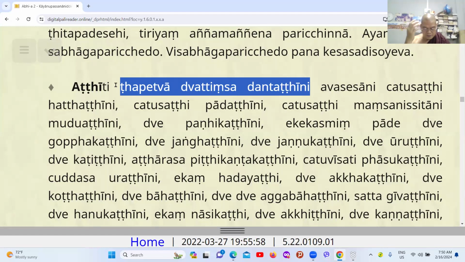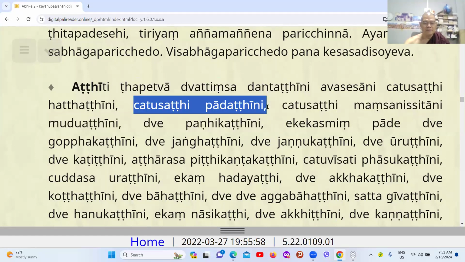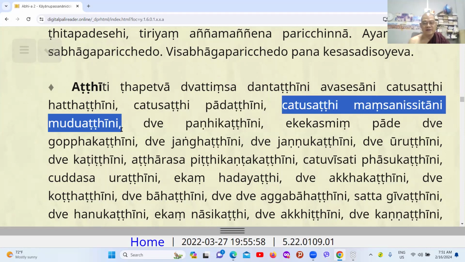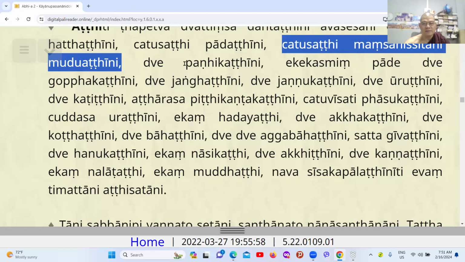Jadu sati pada tini, 84 leg bones also. Jadu sati masa nisida ni mudu atini, the delicate bone, you see the 84. Dwe pani katini, ankle, 2 ankle bones.